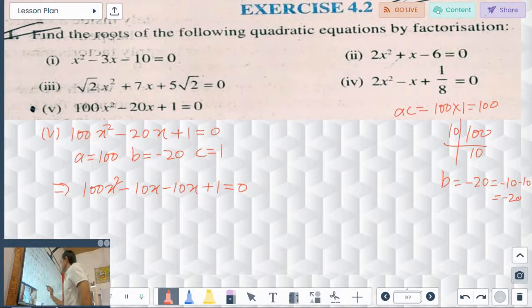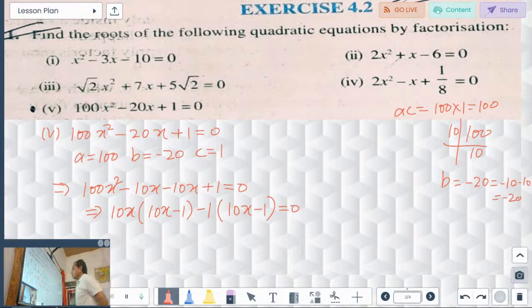Now take common 10x. 10x into (10x minus 1), minus 1 into (10x minus 1) equal to 0. We make the same bracket here.